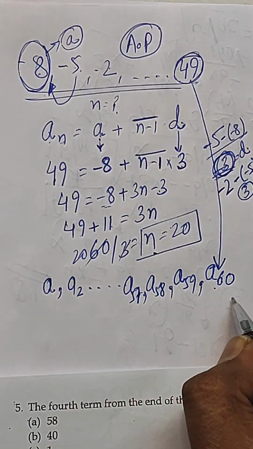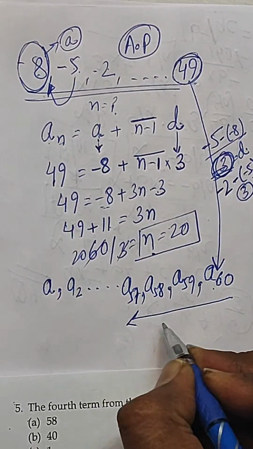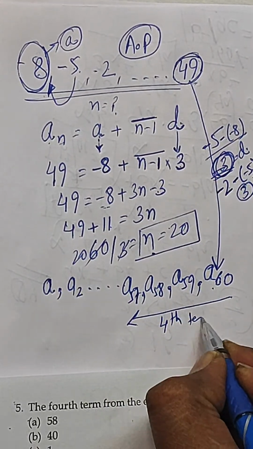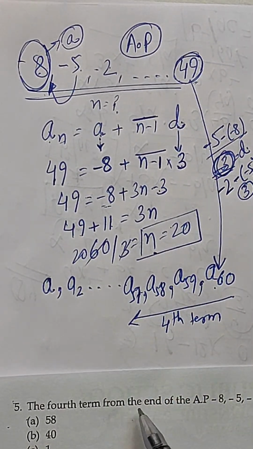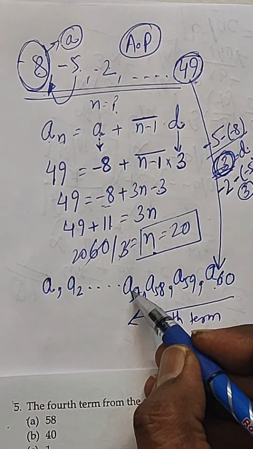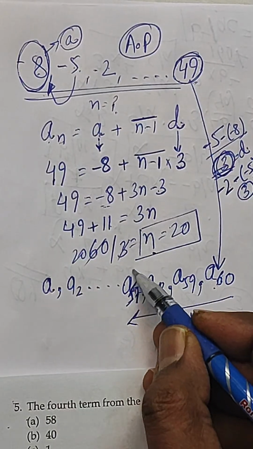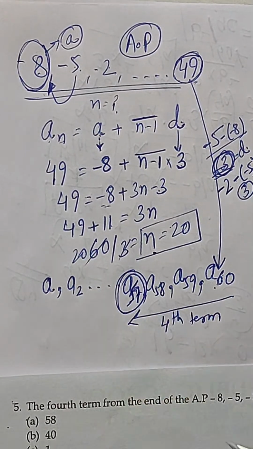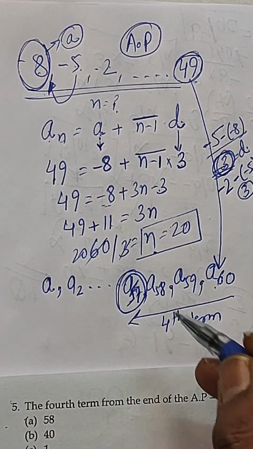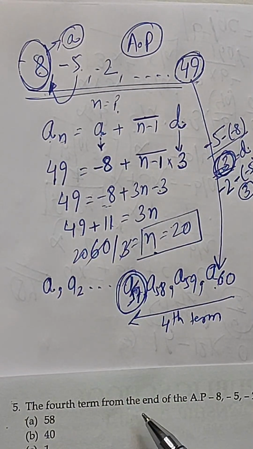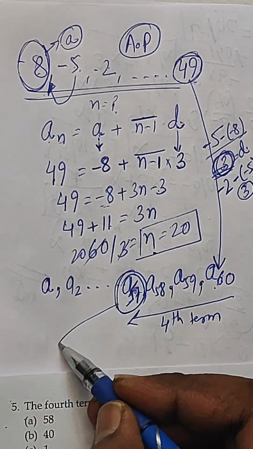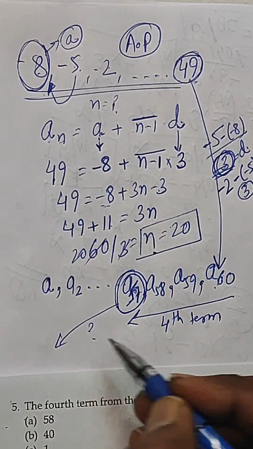So the fourth term from the end is a57. That needs to be calculated in this question. So just find the value of a57.